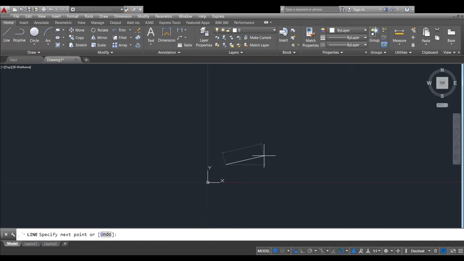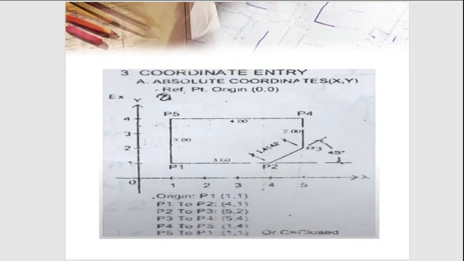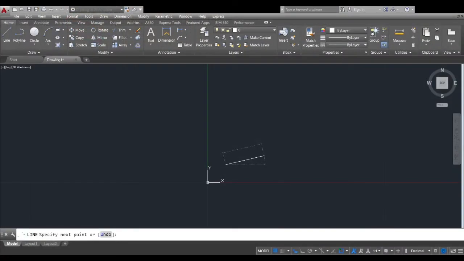Let's see, what is our point number 2? Point 2 is 4,1. Because this is absolute coordinate, we will put a hashtag before our coordinates to make it absolute. Hashtag 4,1. So that's it.